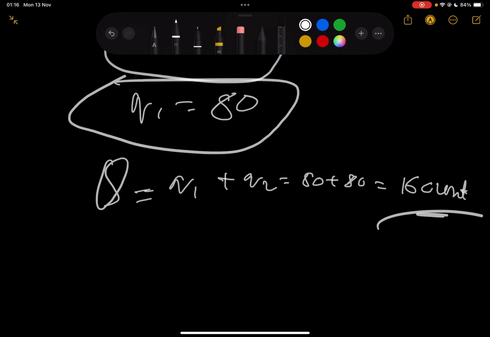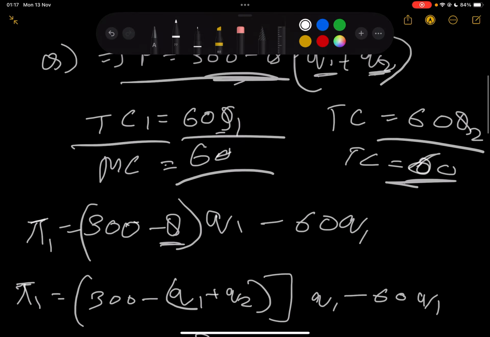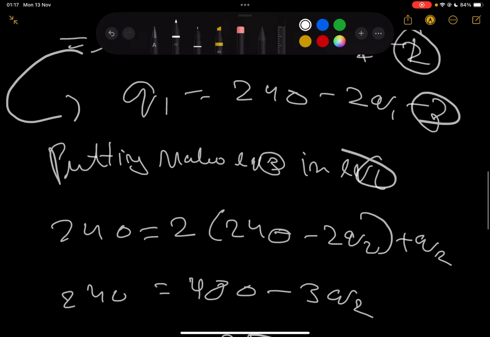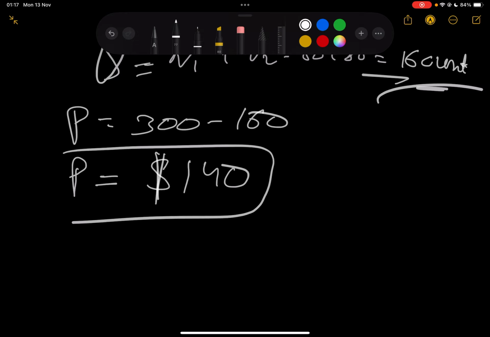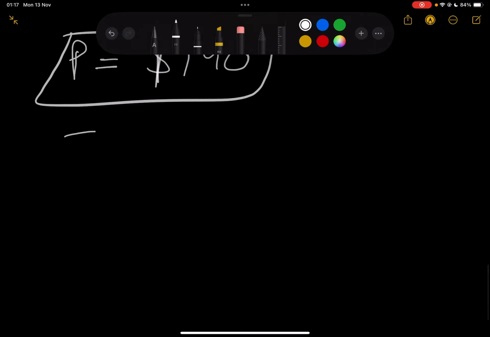All right, so the price that the company can charge is 300 minus 160, putting the value of Q in this equation, which gives us a price of around $140 per unit, and our profit for firm 1 is PQ1 minus TC.